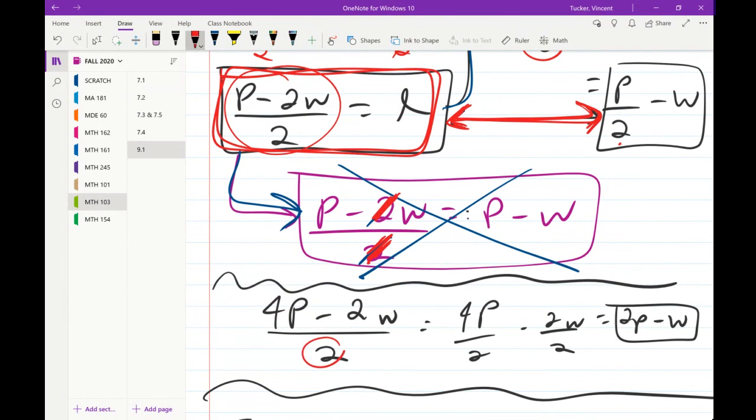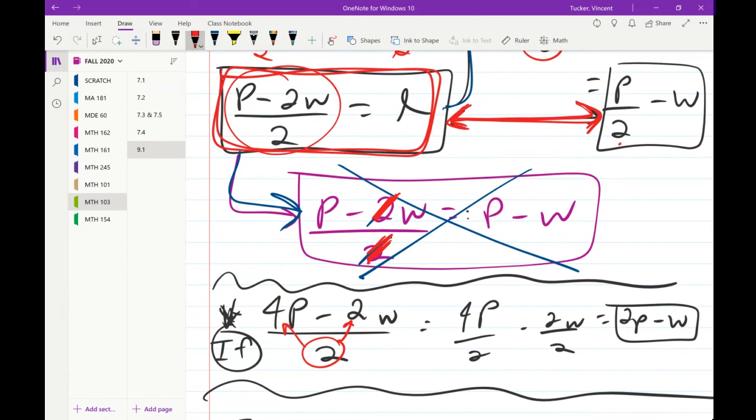Now, because this 2 can go into the 2 and the 4, you are expected to go further. Once again, this is just an abstract example, and has nothing to do with the problem we just did, which did not have a 4 in it. If you had a 4 sitting in front of P, you most definitely would have to reduce further.